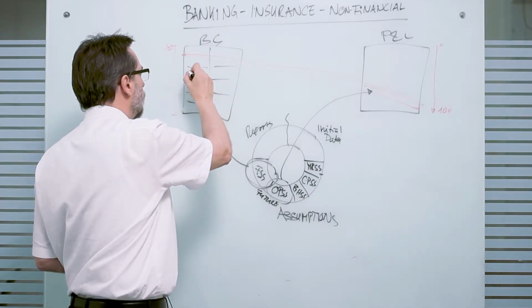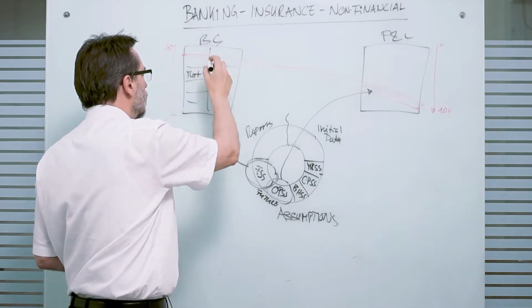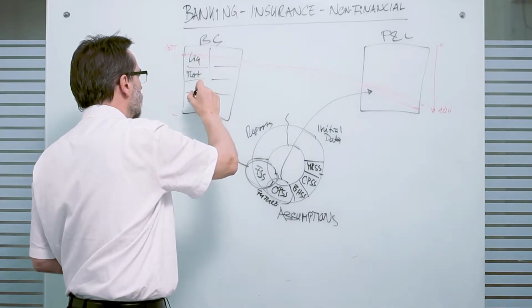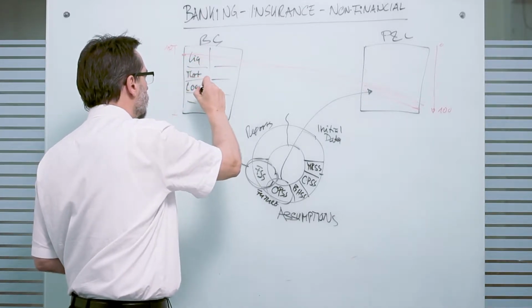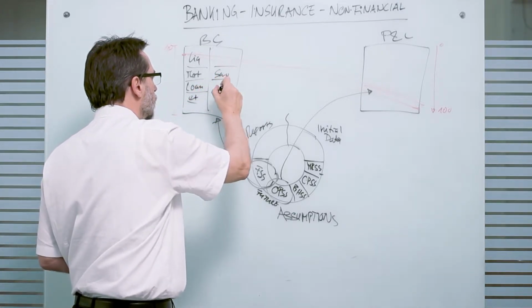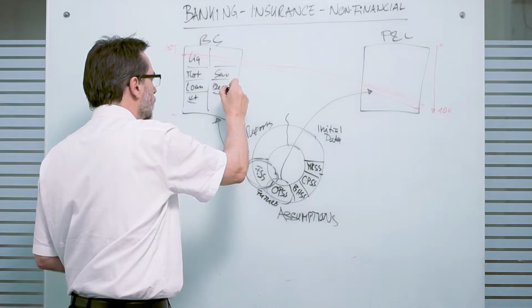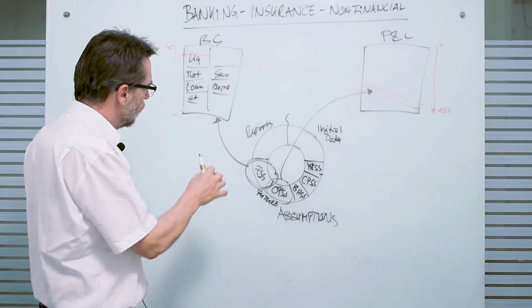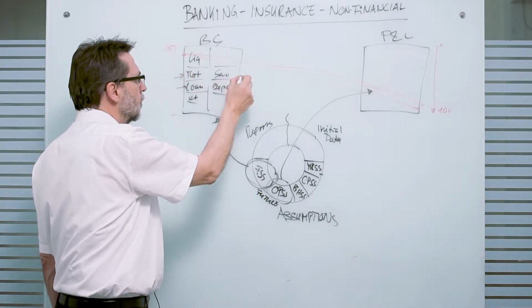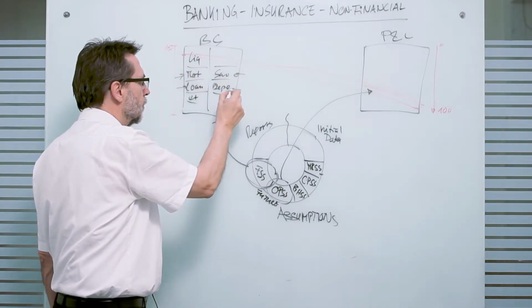For example, these are mortgages, these are maybe liquidity, other loans, etc. And here are savings, deposits, etc. So basically what we do, we plan how much we produce of these assets.